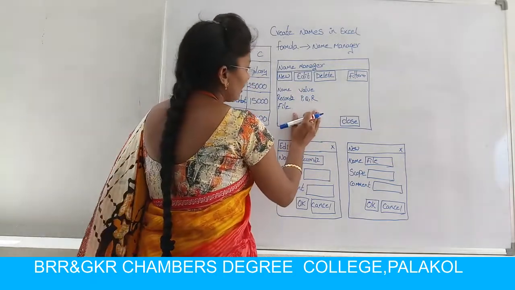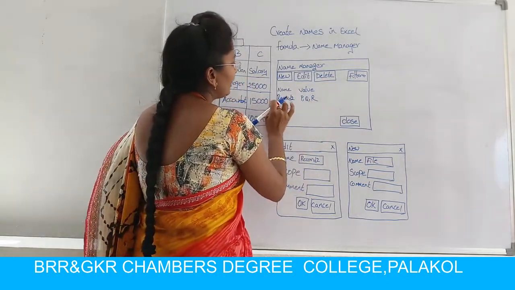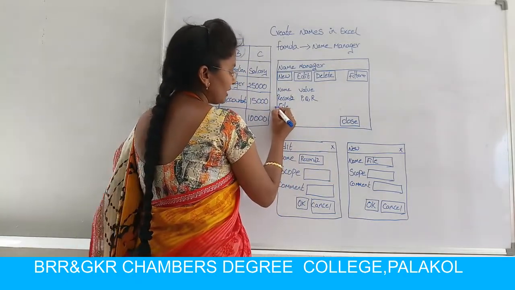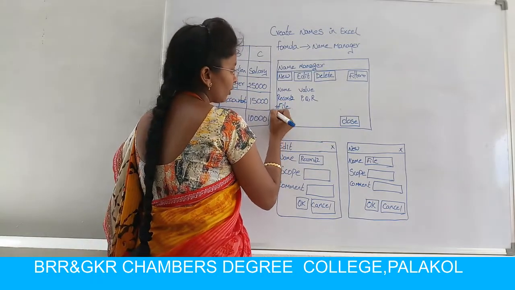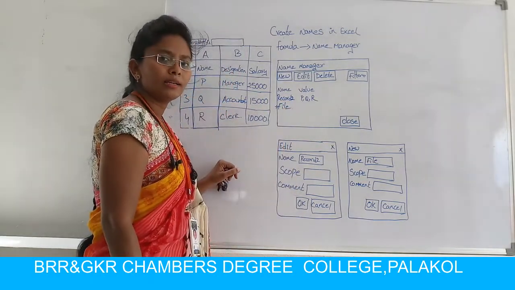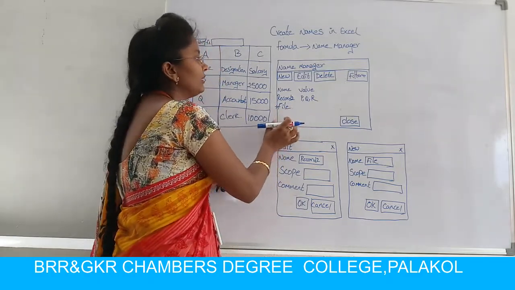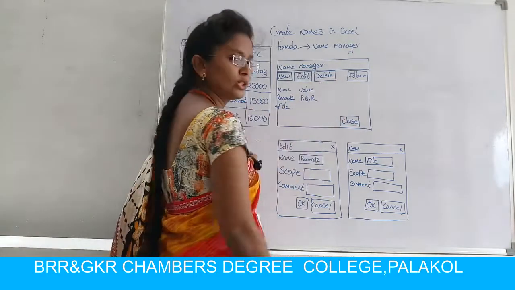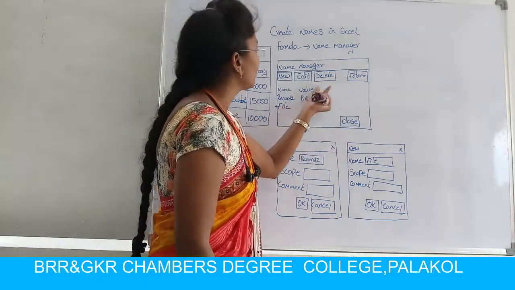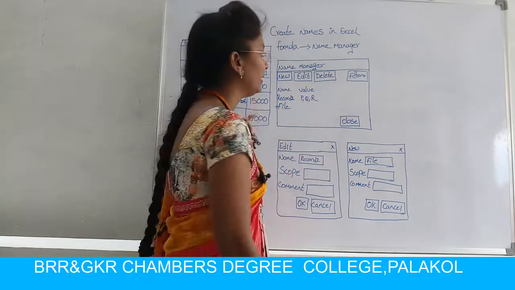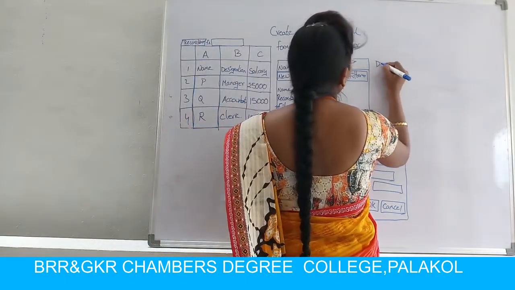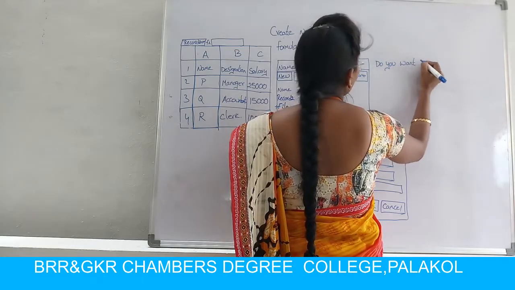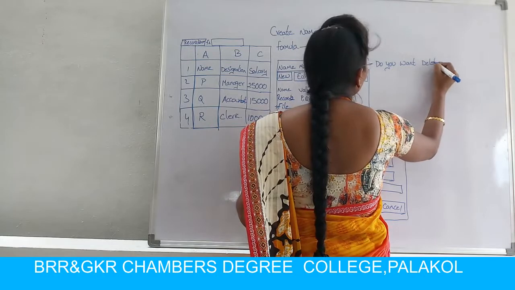And in this dialog box, if you want to delete either of these two records, select that record. That means place the mouse pointer at the record and click on that record, and it will be highlighted. If the record is selected, then go for the delete option. If you click on the delete option, it will ask one question: do you want to delete?